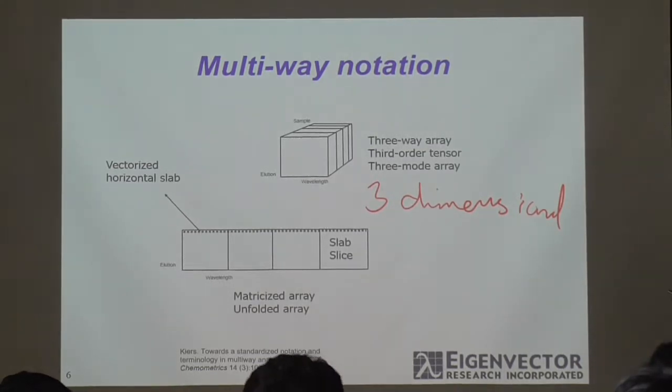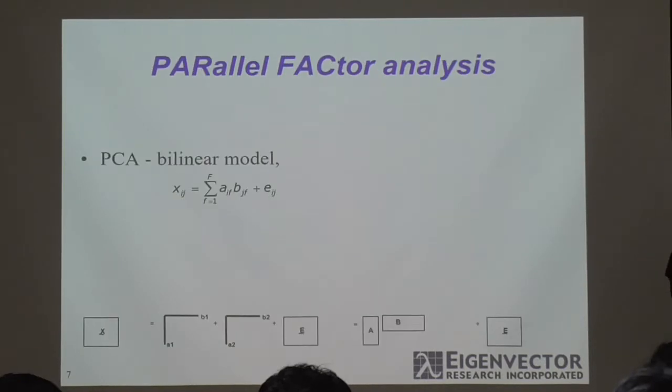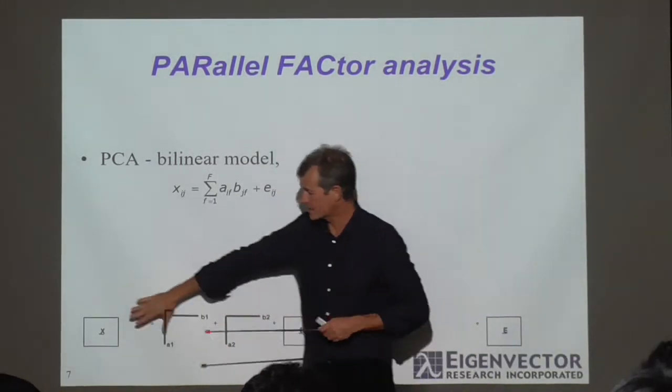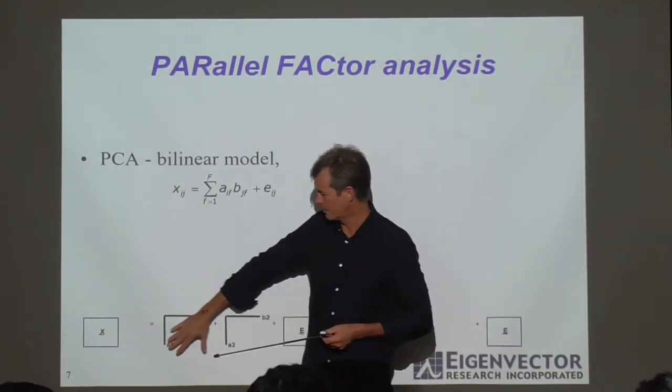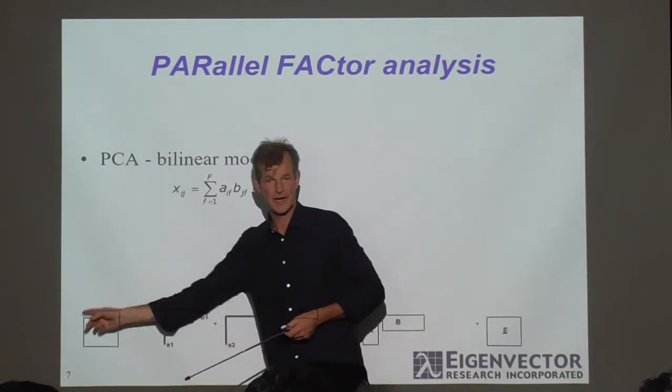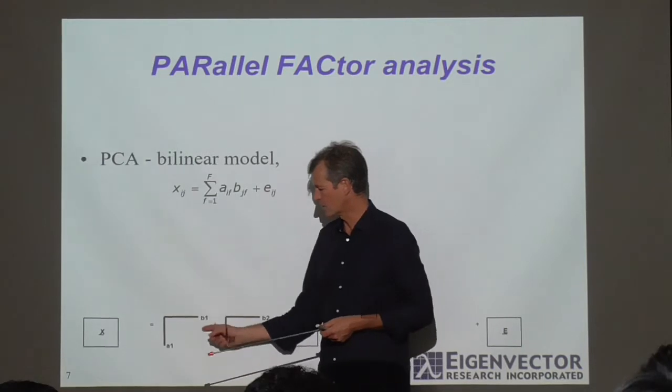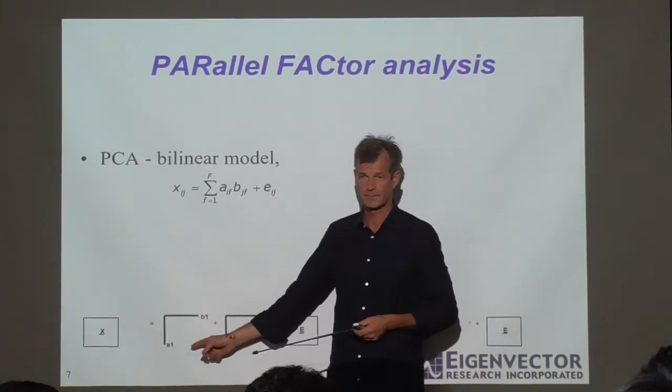Okay, anyway, let's have a look at the most basic model. So that would be PCA. Here's a graphical representation of PCA. I have a matrix, that's my data. And now I model it with some components. This is component one.